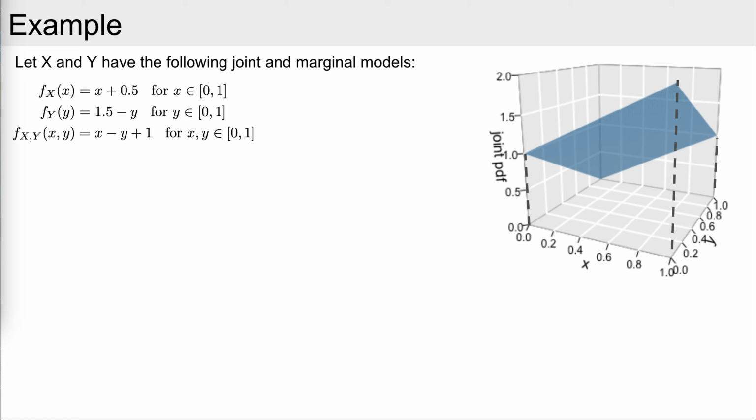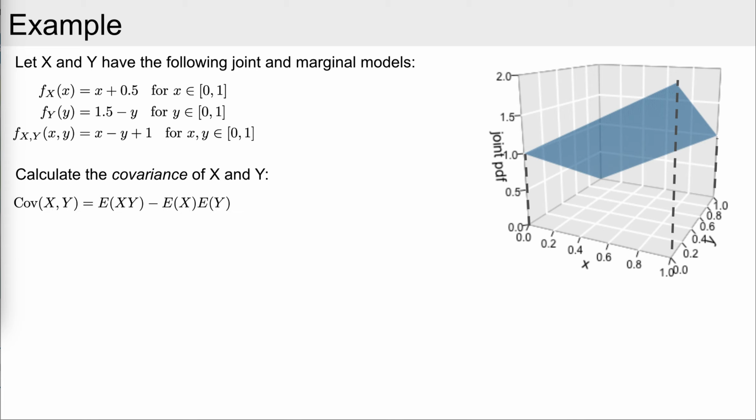Consider an example. Let x and y have the following joint and marginal models, specified by PDFs f of x, f of y, and f of xy. The plot of this joint PDF, f of xy, is shown at right. Now our goal is to calculate the covariance of x and y. First, since we're familiar with these pieces, we can start by calculating the expected values of x and y alone.